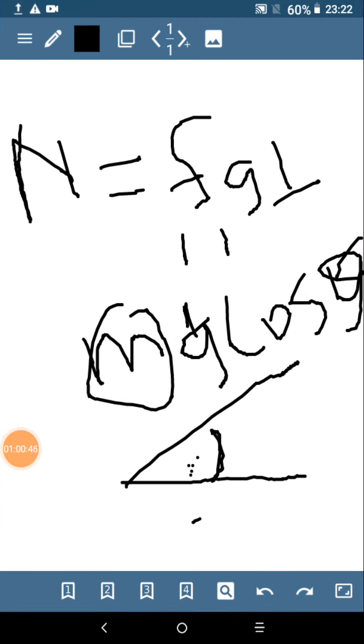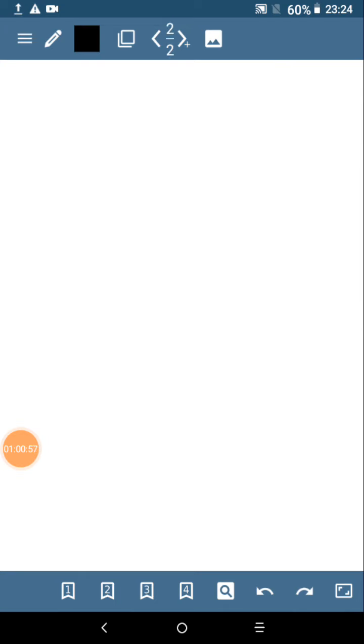I want us to move to something else before we break. I want us to move to something else, that is talking about the components of the forces.